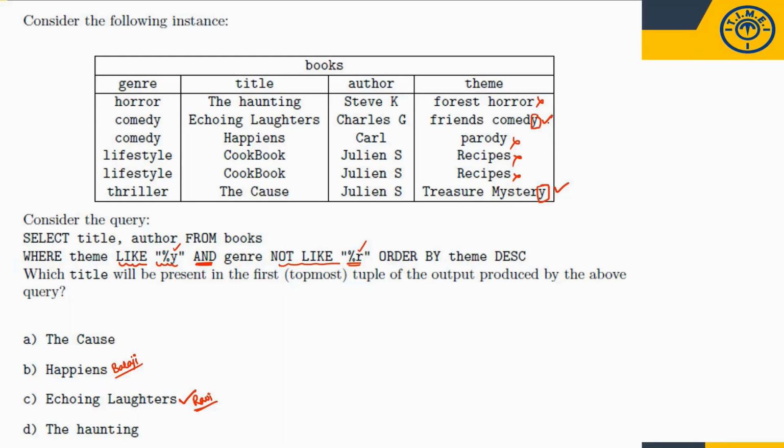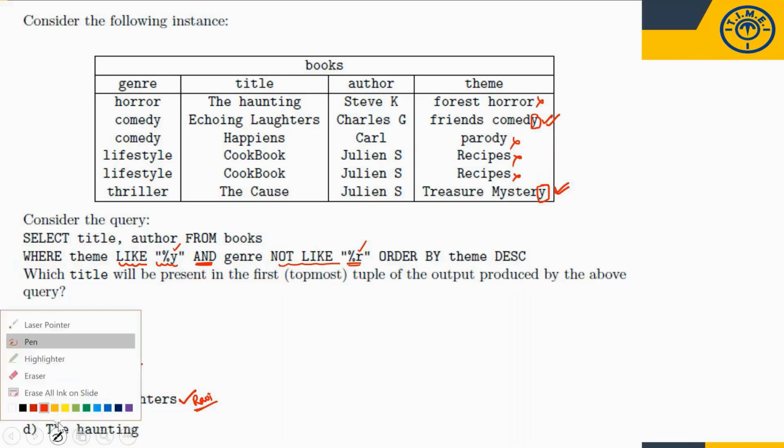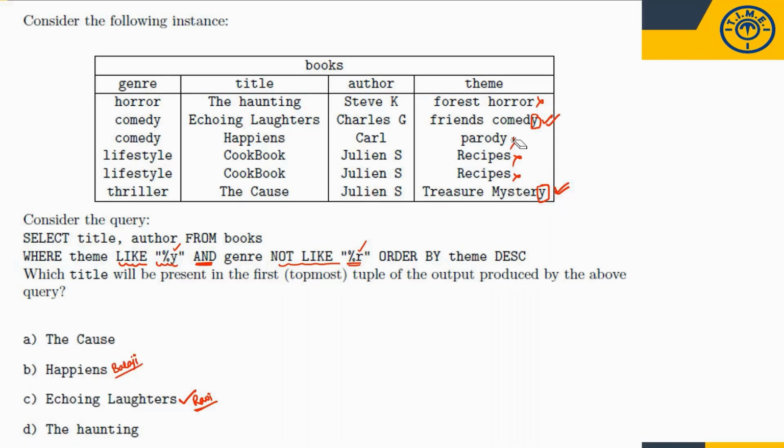And this Parody tuple also, right? Where is that parody? Oh, sorry. Fine, good row. Right, this one. Okay. For these three rows, we have to check the second condition.